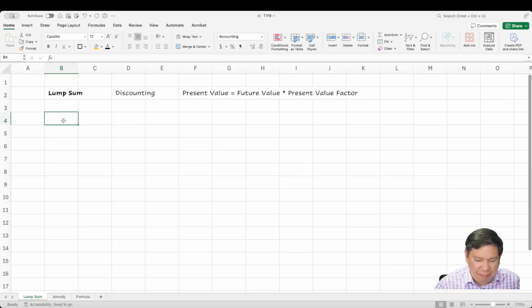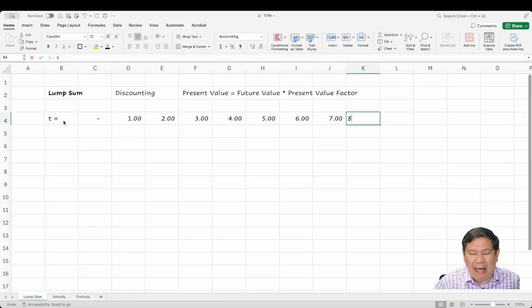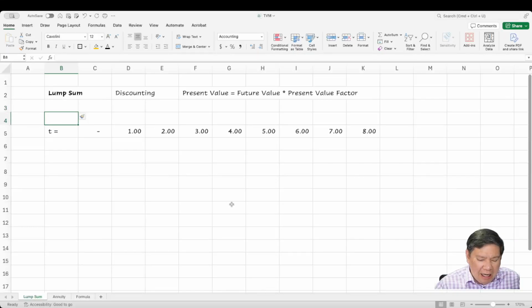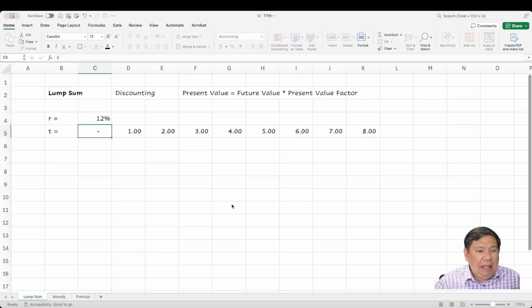So let's say we have T here, 0 is now, and then we have 1, 2, 3, 4, 5, 6, 7, 8 years. Let's assume that the interest rate that we are going to use to discount, usually called R, is 12%.